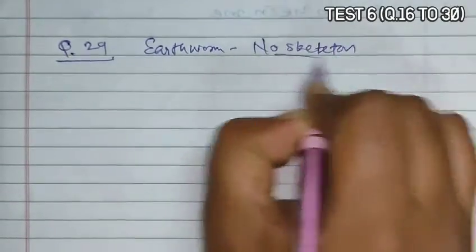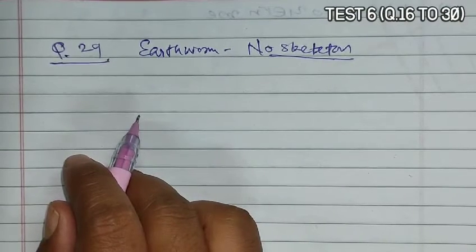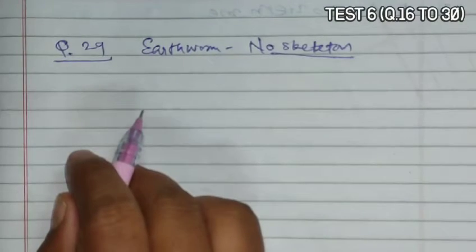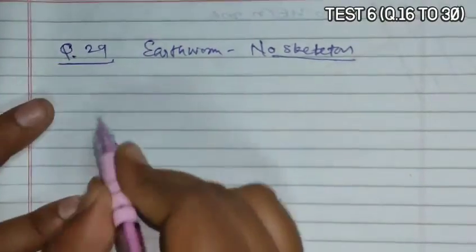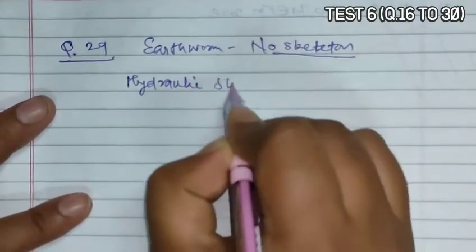Question 29 says earthworm has no skeleton, but during burrowing the anterior end becomes turgid and acts as a hydraulic skeleton.